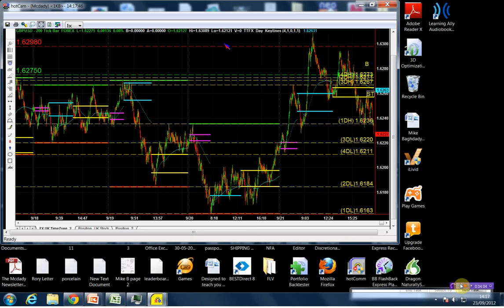On the short side, I want to go short anywhere. So we closed the week at 162.27. I have a 3-day low at 162.22. So I am going to short it right there. That is going to be my short, and my stop is going to be above the 162.36. My stop is going to be here.